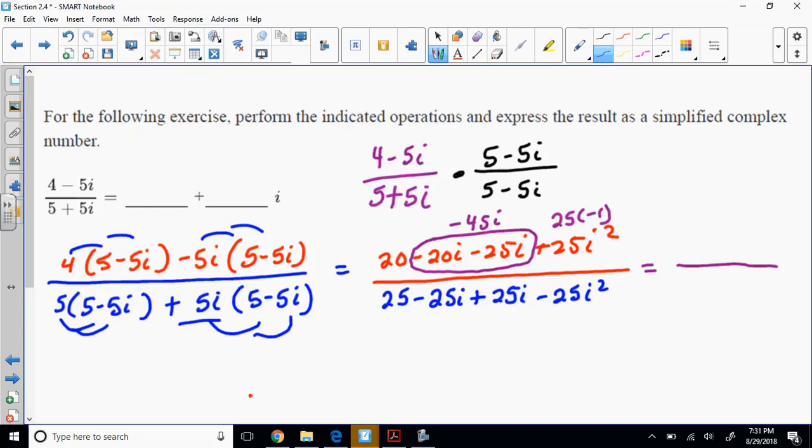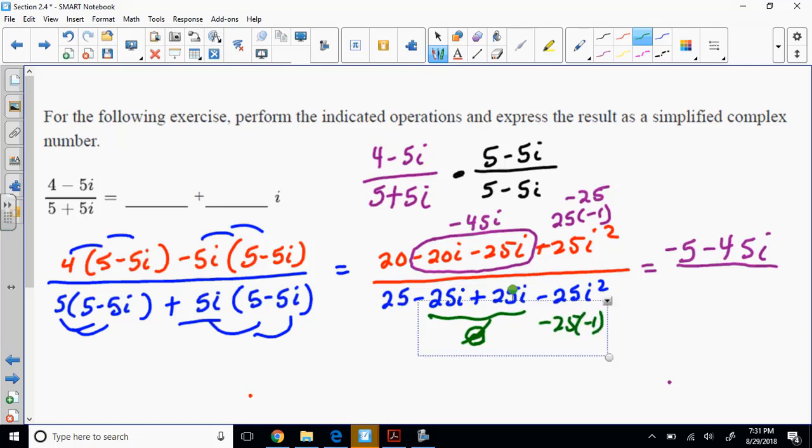Yeah? So 20 minus 25 would be negative 5 minus 45i. And now I'll go green down here. These drop to 0, and they should always. And then that's negative 25 times negative 1, which is positive 25. And 25 and 25 is what, folks? 50.